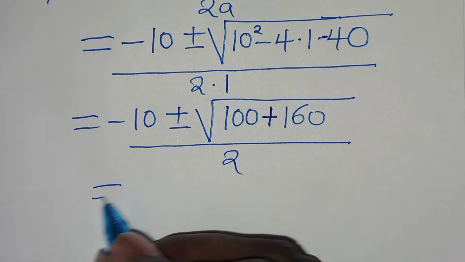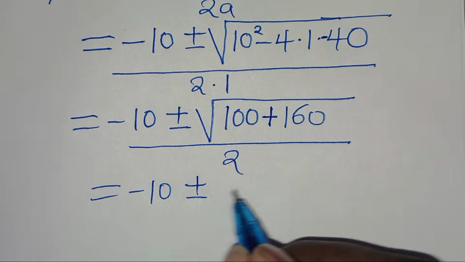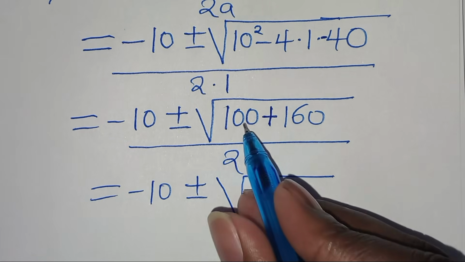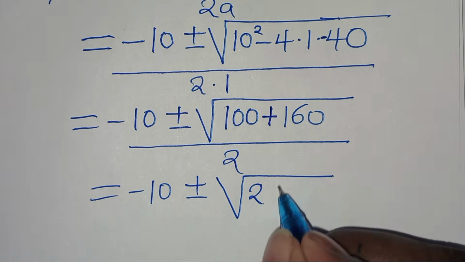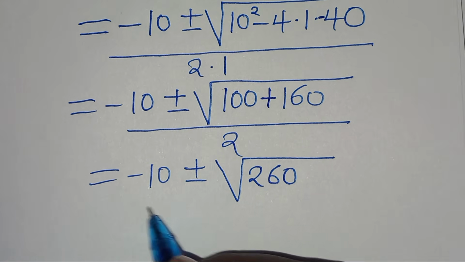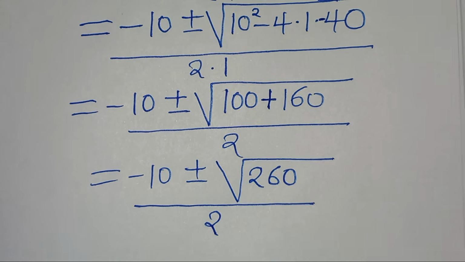So this is minus 10 plus or minus the square root of 100 plus 160. This is 260. Everything here divided by 2.